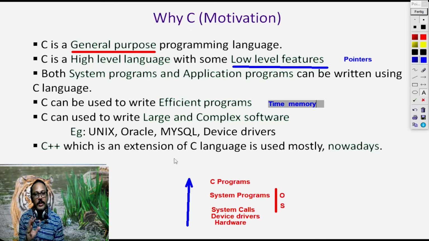You cannot write such complex software using Python. You can write in Python, it's not ruled out, but they will not be efficient. Writing is easy in Python, but the efficiency of such programs will be less.